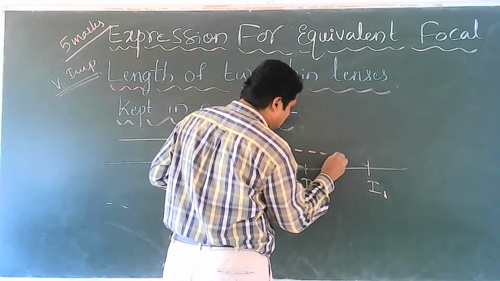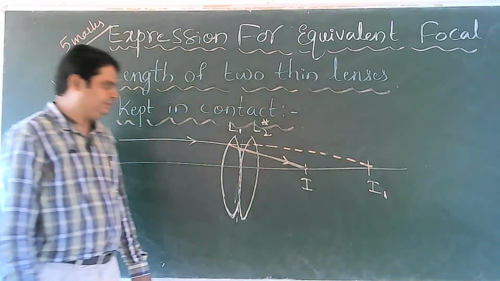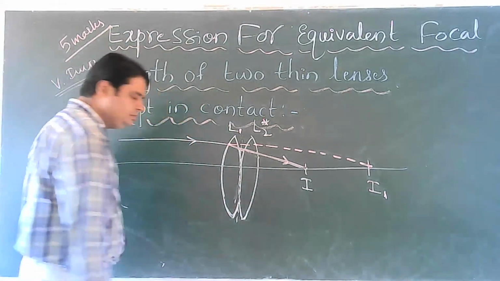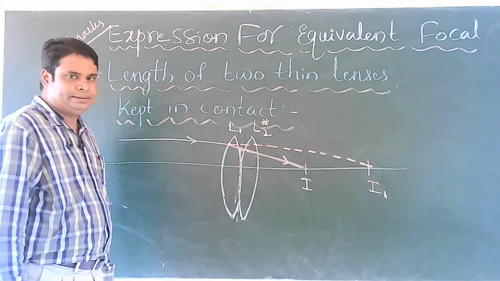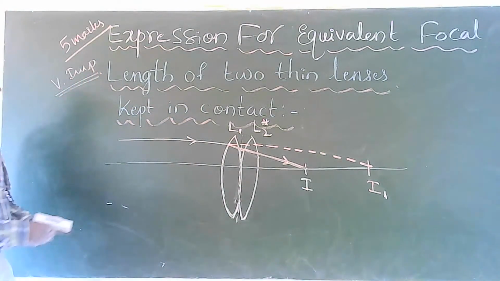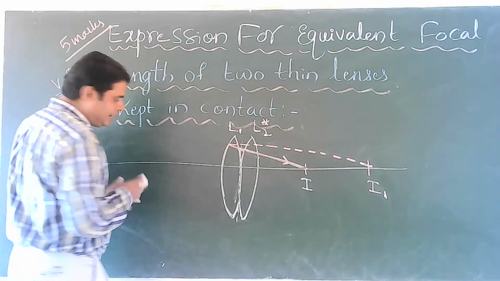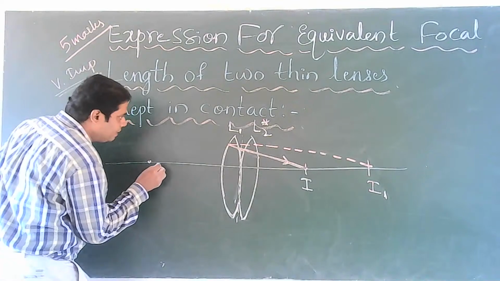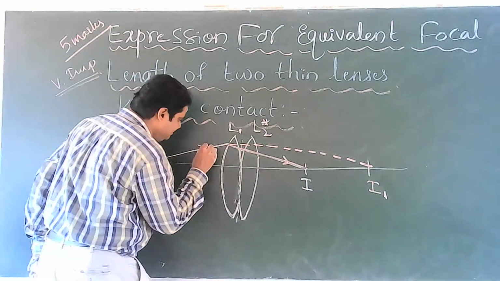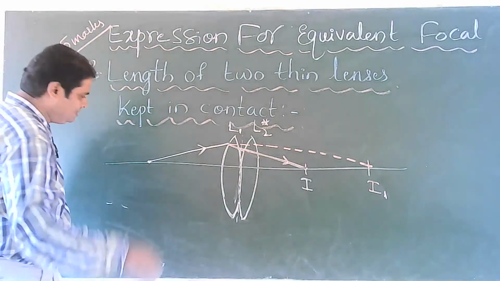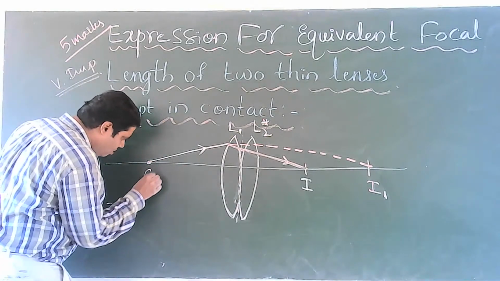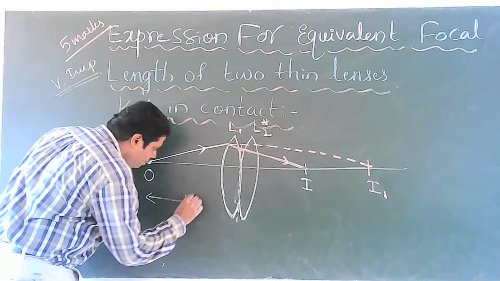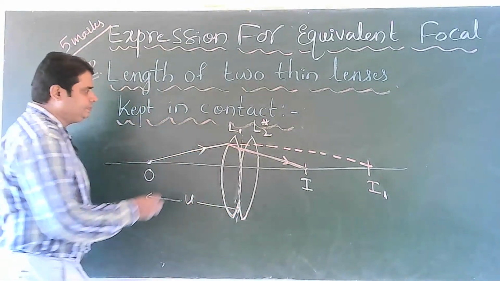Let me make it a straight line as much as possible. Still not a straight line, leave it. Correct, fine. One more small mistake I made. This is the incident ray. This is the object, and this will be the object distance.